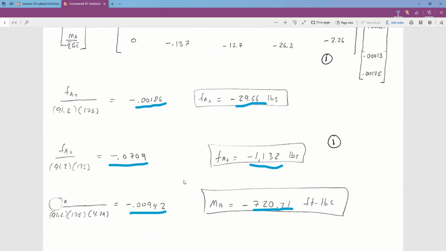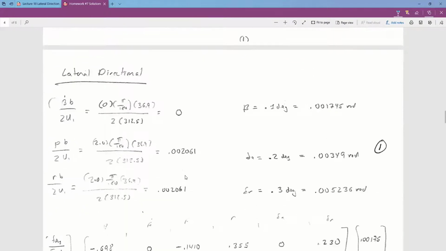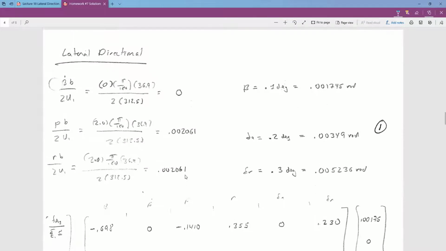So we need to do the lateral directional. Can I move to that? Good. Here we have to calculate beta dot non-dimensional, P non-dimensional, R non-dimensional, beta, aileron, and rudder. And they're the values that go into the vector, just like before for the longitudinal.